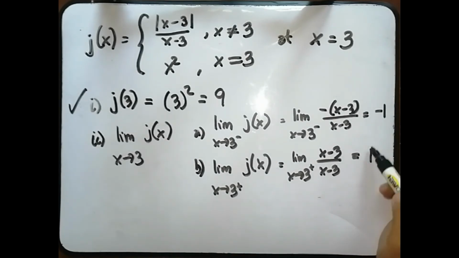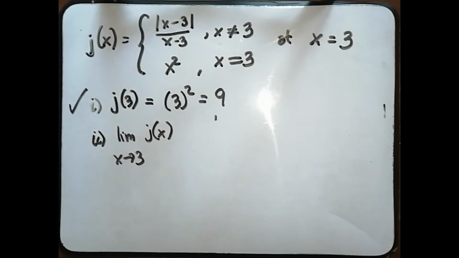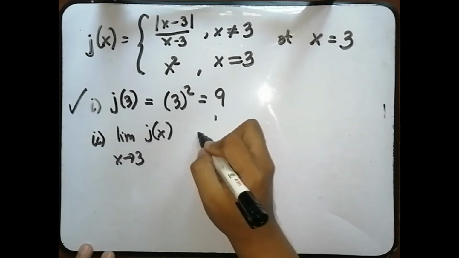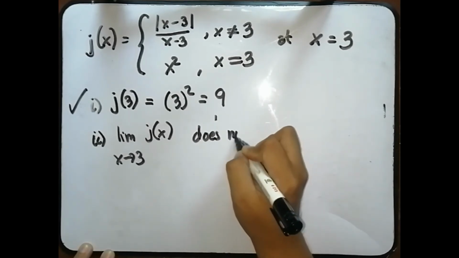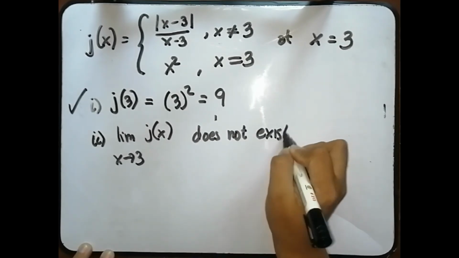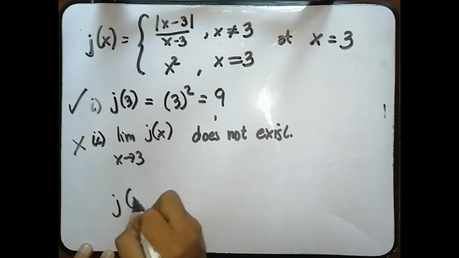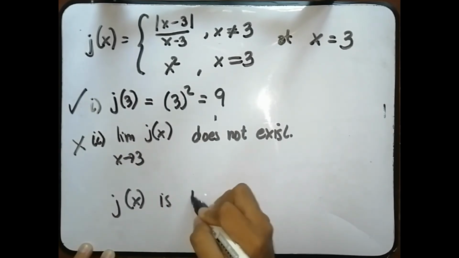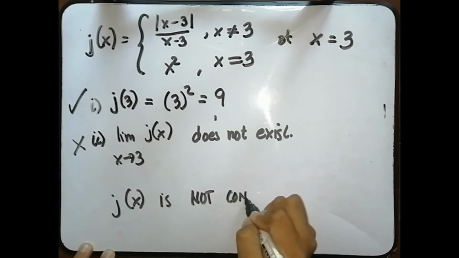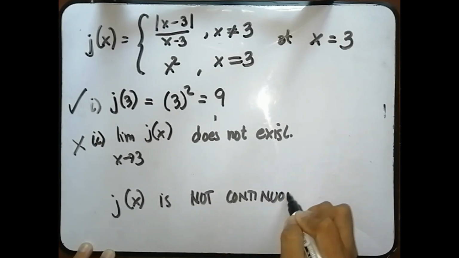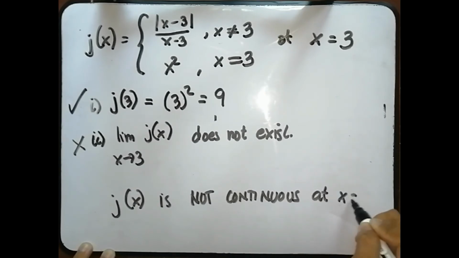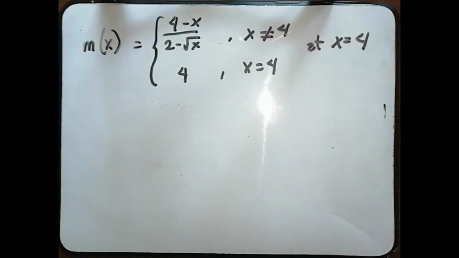So since they are not equal, then we say that the limit of j of x as x approaches 3 does not exist. Therefore, j of x is not continuous at x equals 3. And finally, let's determine if m of x is continuous at x equals 4.